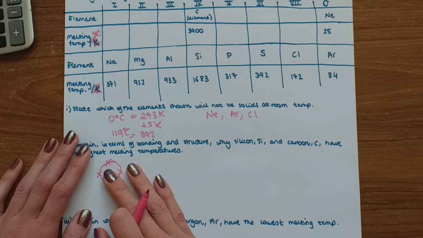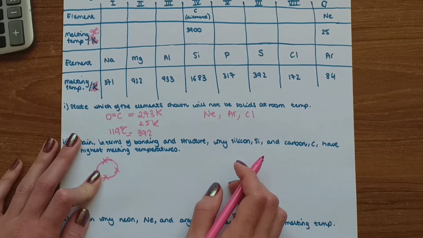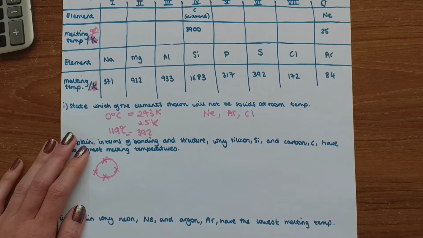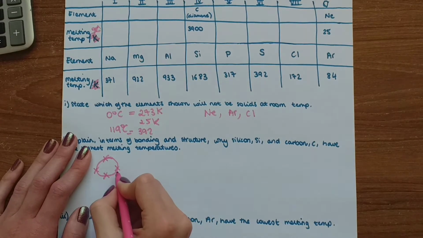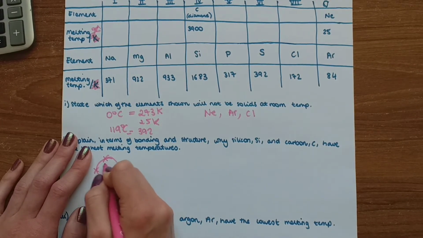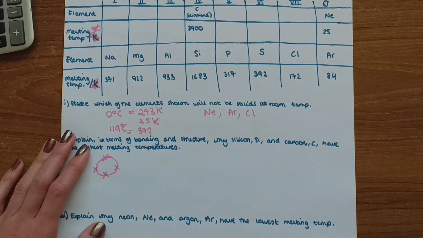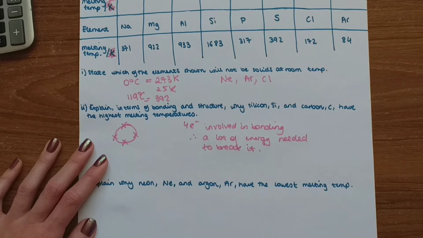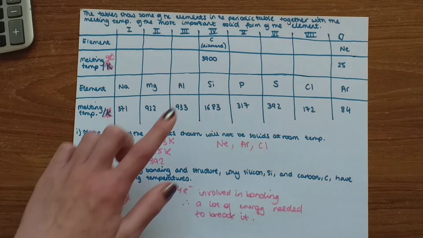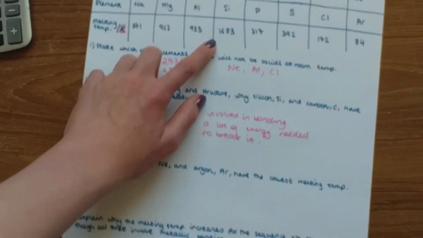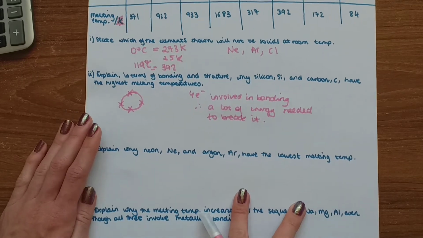And due to this covalent bonding, they are stable. Because they're going to involve these 4 electrons in bonding, there's going to be a lot of energy needed for it to break. So 4 electrons are involved in bonding for both carbon and silicon because they are in group 4. Therefore, a lot of energy is needed to break it.